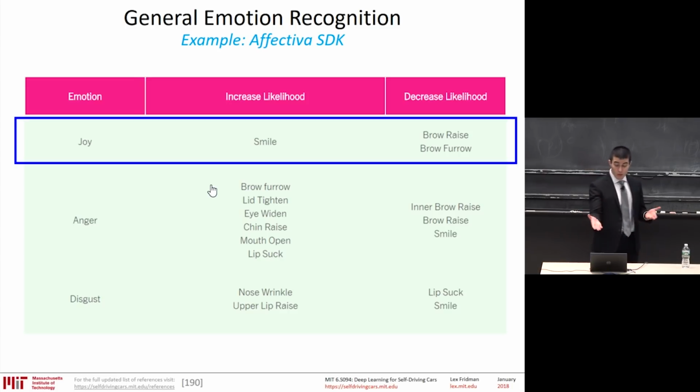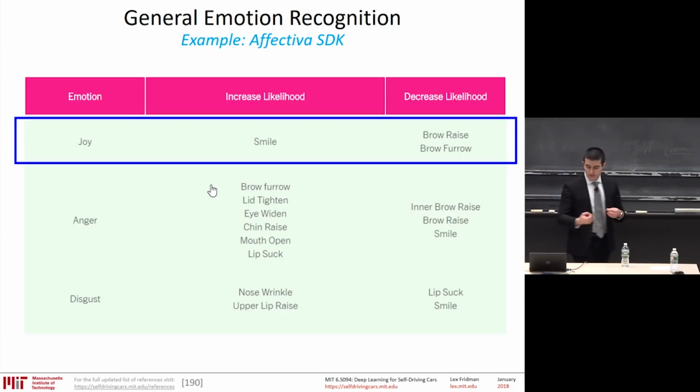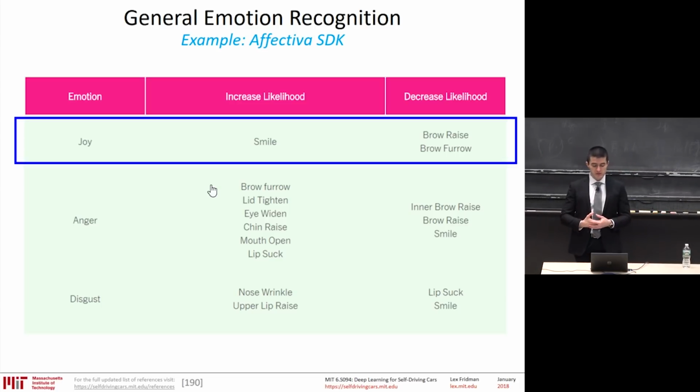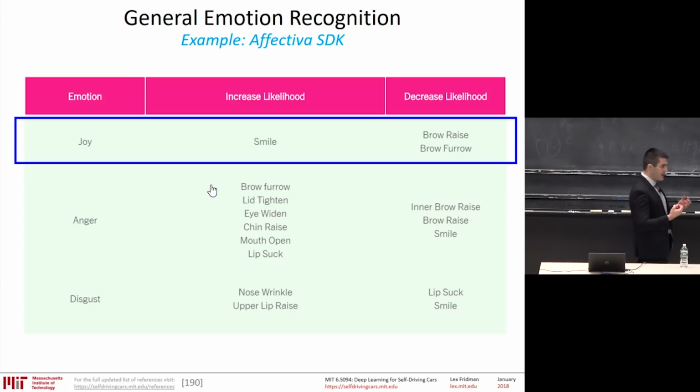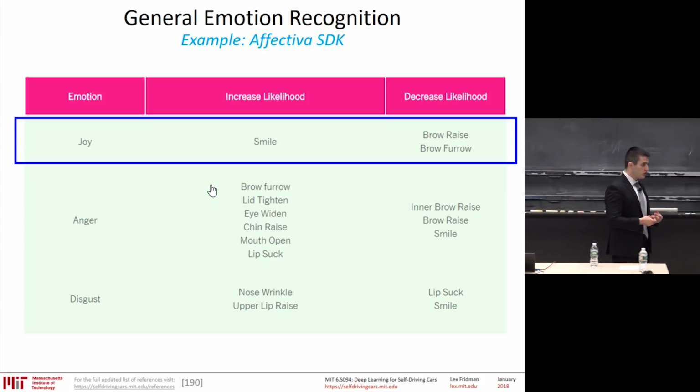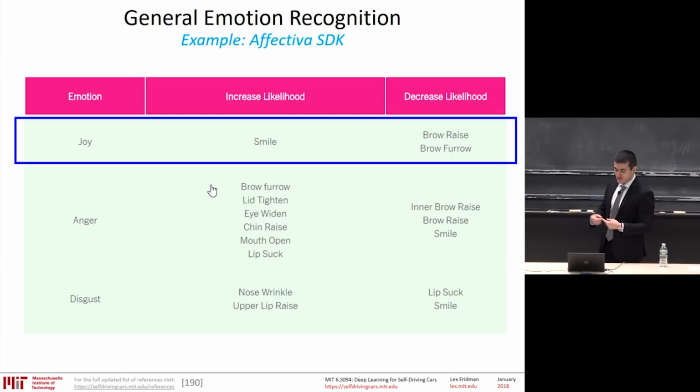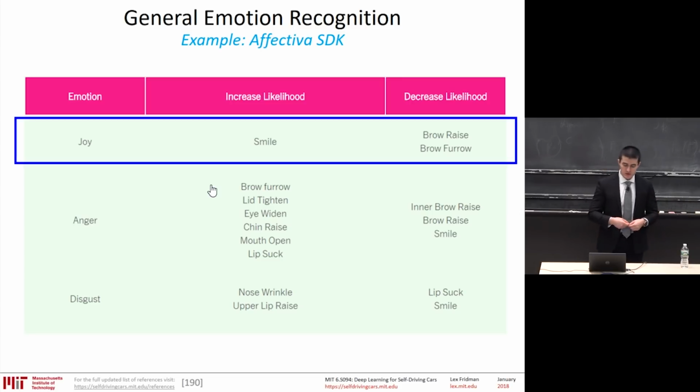So I'd like to highlight one, because I think it's an illustrative one, for joy. An expression of joy is smiling. So there's an increased likelihood that you observe a smiling expression on the face when joy is experienced, or vice versa. If there's an increased probability of a smile, there's an increased probability of emotion of joy being experienced.